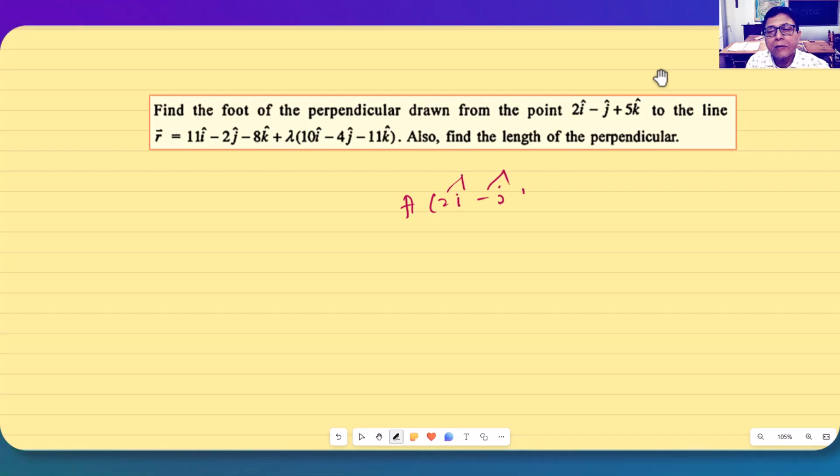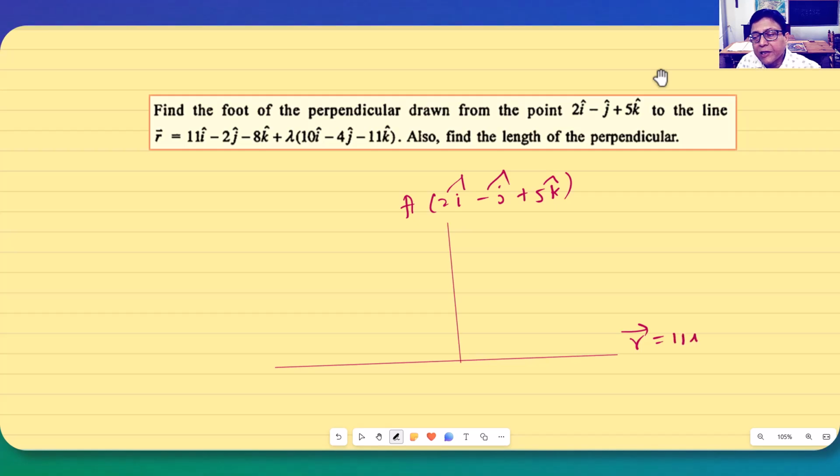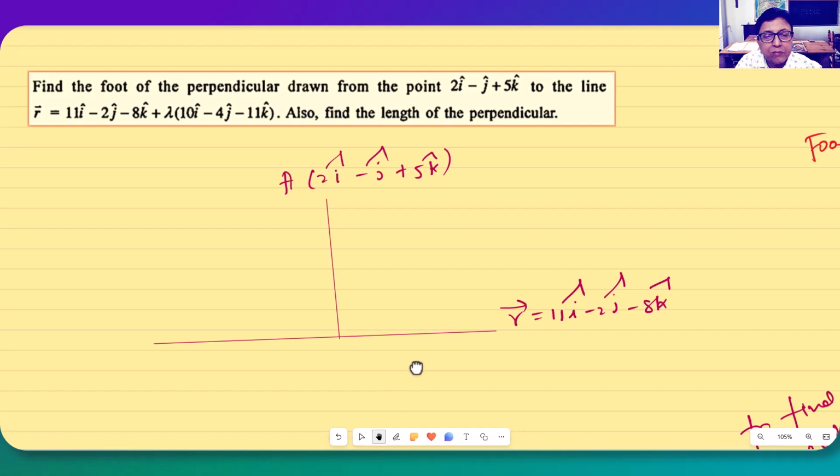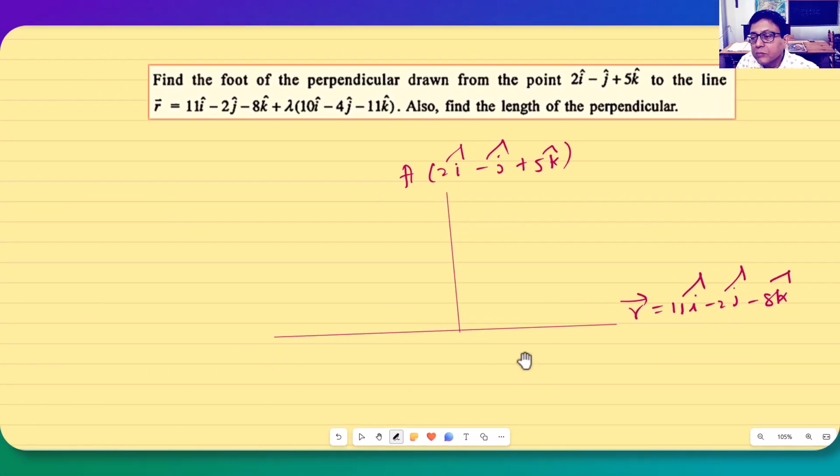So let us solve it now: to find the foot of perpendicular drawn from the point 2i minus j plus 5k on the line whose equation is given, in vector form obviously, as 11i plus 2j minus 8k plus lambda into 10i minus 4j minus 11k. So we take this foot of perpendicular in this form only.